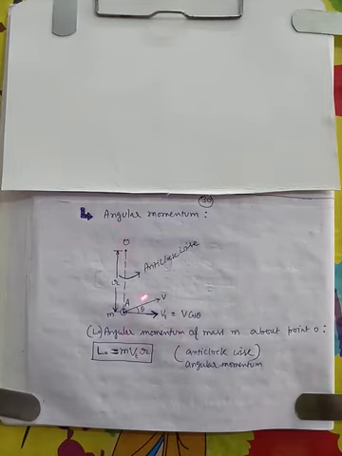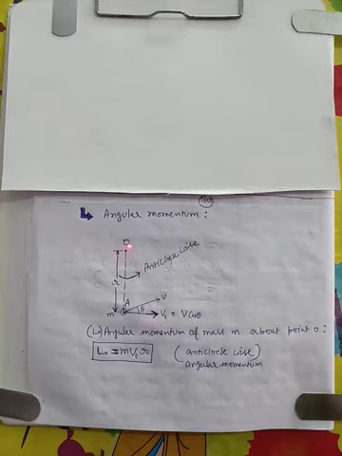How will we calculate it? We join the center of body A with point O, this dotted line I have shown, and perpendicular to this we take the component of velocity v.